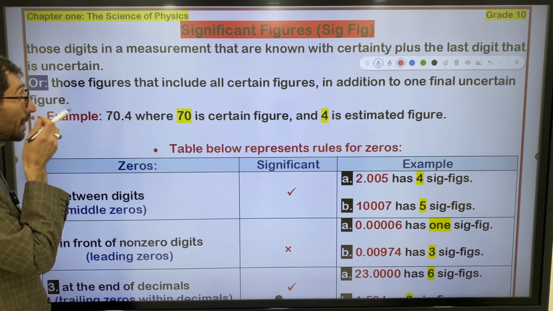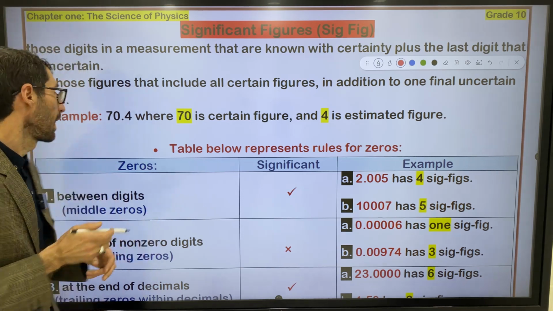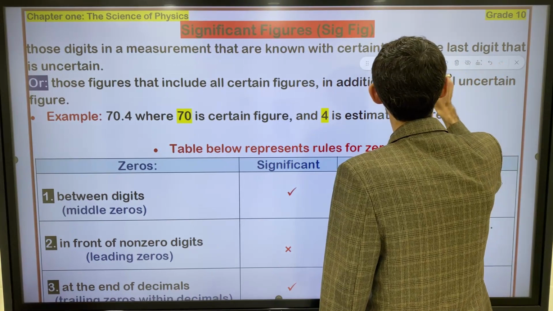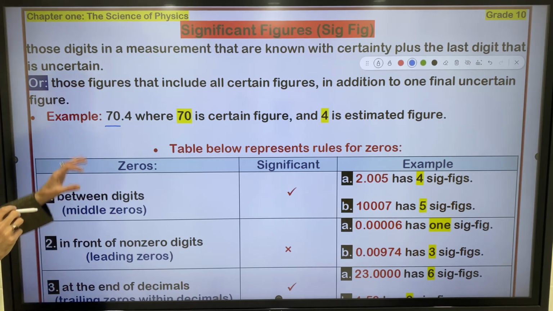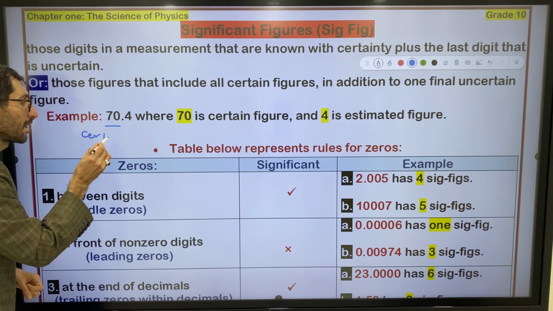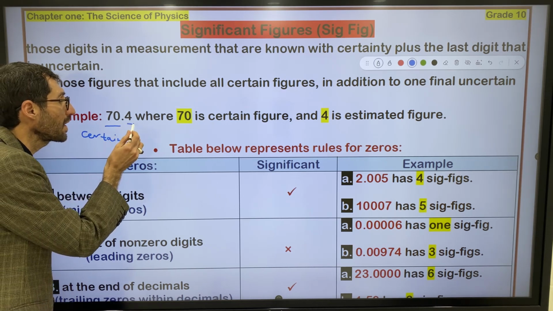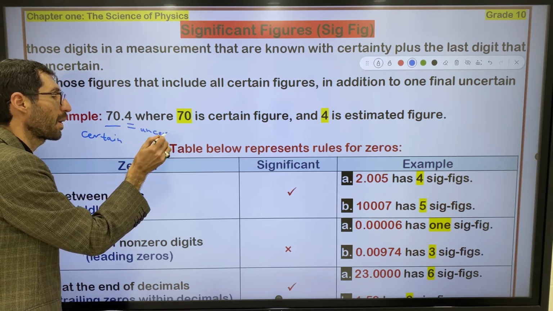Significant figure actually consists of two parts. The first part is called the certain part, it doesn't change a lot, but this part is the uncertain or estimated part.